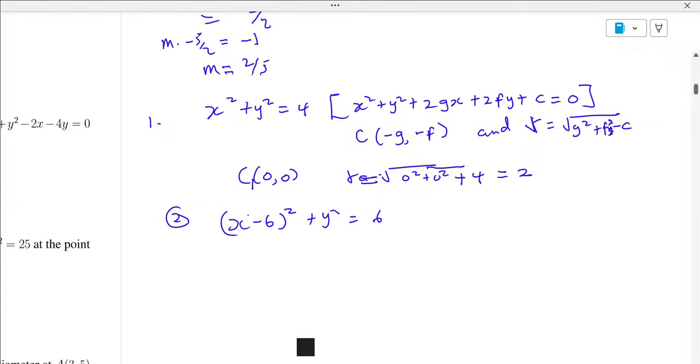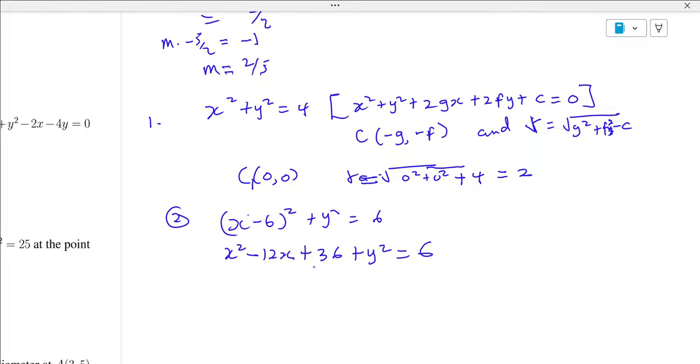All right. So the next one we have x minus 6 squared. So we can expand this one where we have x squared minus 12x plus 36, right? Then plus y squared equal to 6, right?